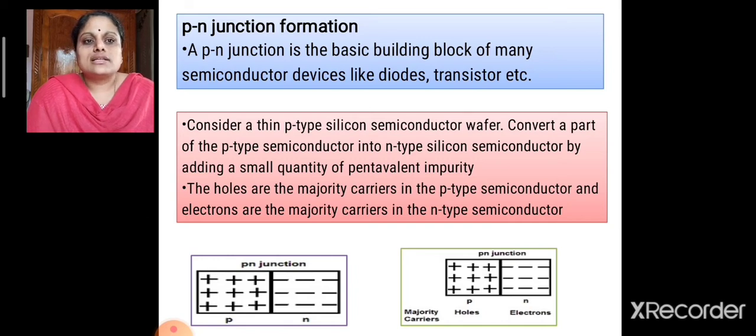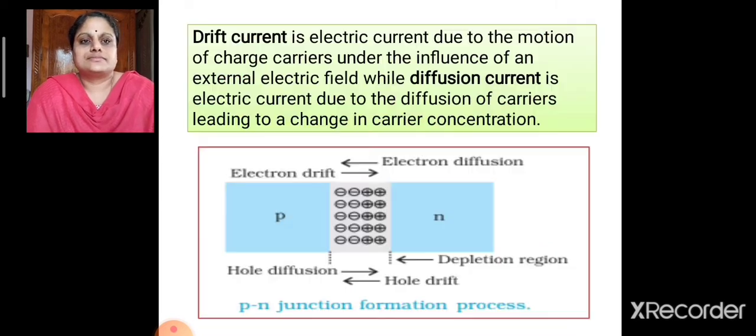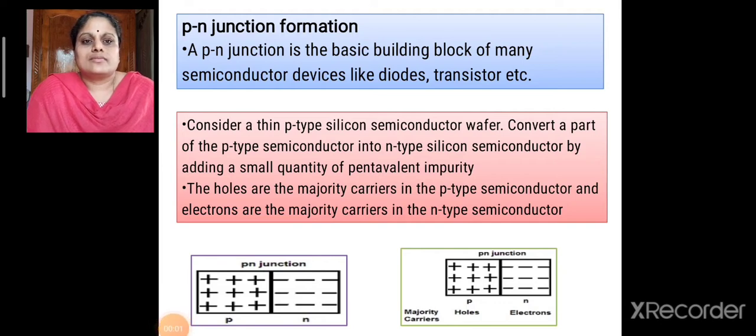The holes are the majority carriers in p-type semiconductor and electrons are the majority carriers in the n-type semiconductor. Then a PN junction will be formed. You can see the PN junction which is at the middle of the P region and the N region.